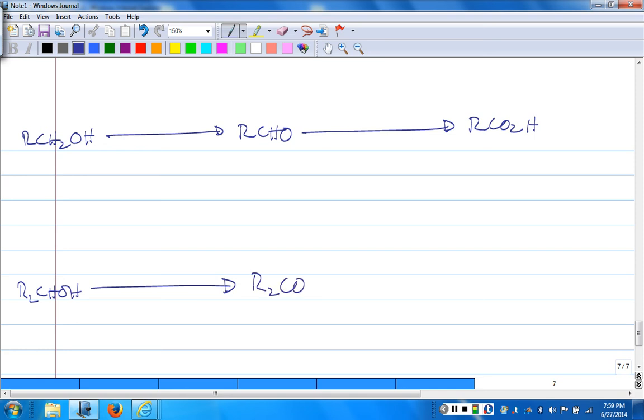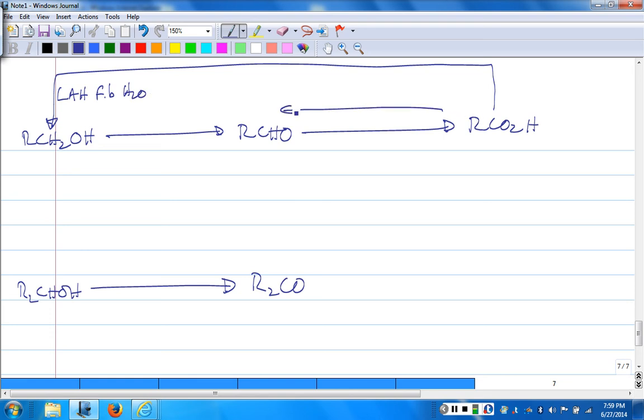Now, I will remind you that just a little while ago, we did the backwards reaction. We said I can convert the carboxylic acid all the way down to the alcohol using lithium aluminum hydride followed by water. Or I can convert the carboxylic acid to the aldehyde using lithium aluminum tris-t-butoxyhydride followed by water.